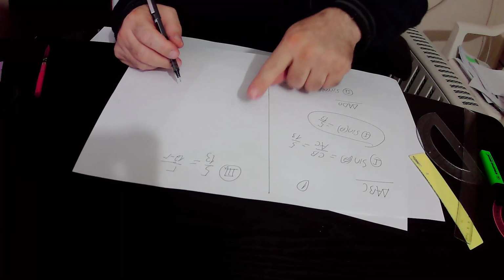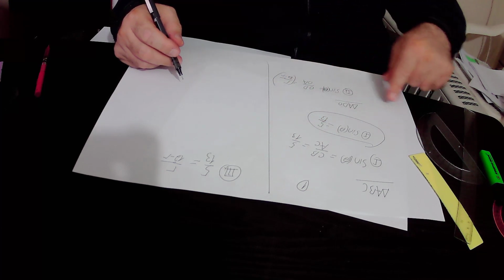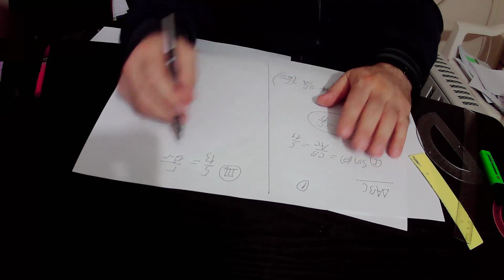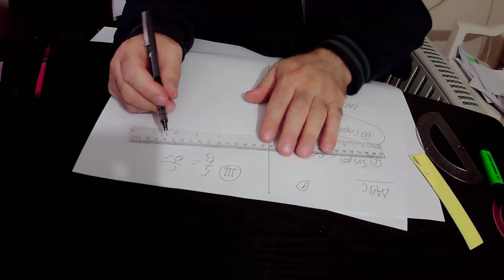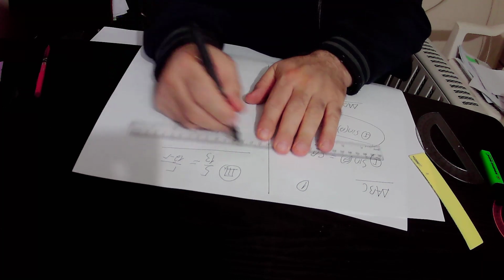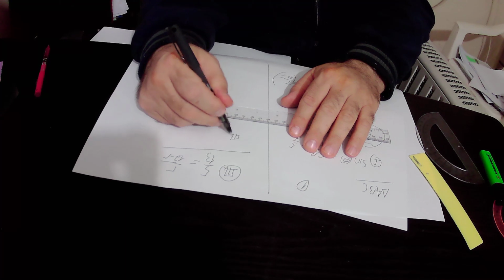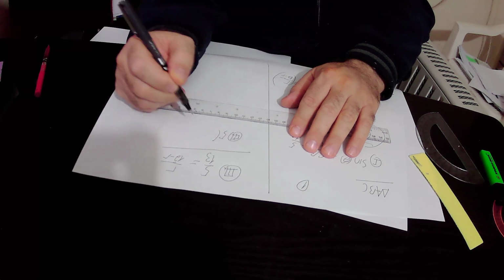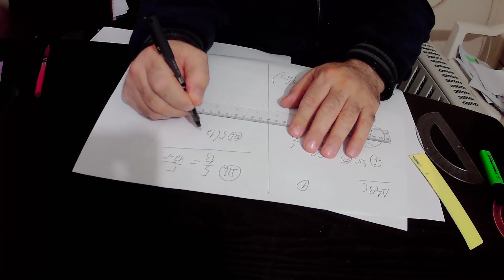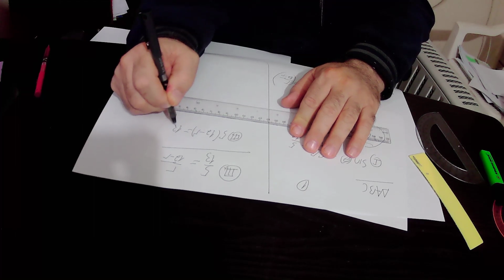We'll cross multiply equation number 3, and we will get that 5 times 12 minus R equals 13R.